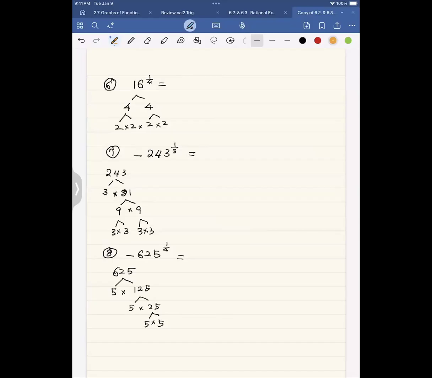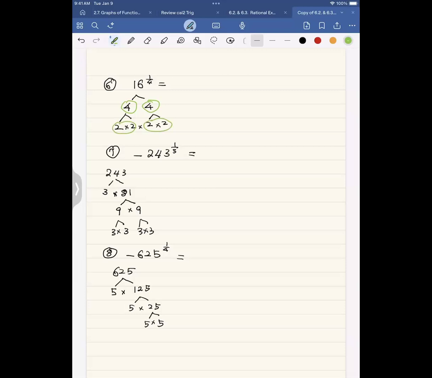Let's simplify 16 to the 1/4 power. 16 is 4 times 4, and 4 can be written as 2 times 2.